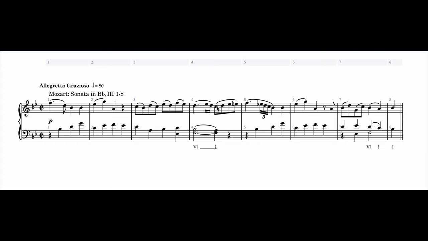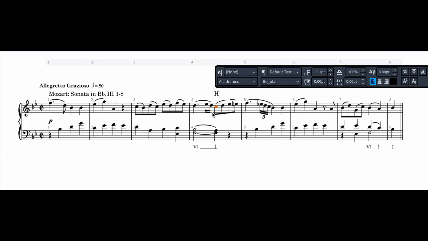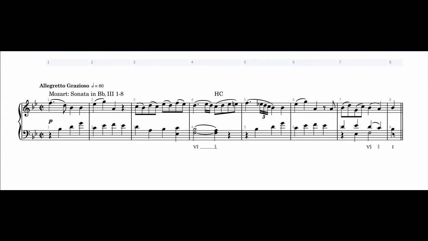So we get here at this point a half cadence, and then here at the end we get, whoops, wrong line, we get a PAC.